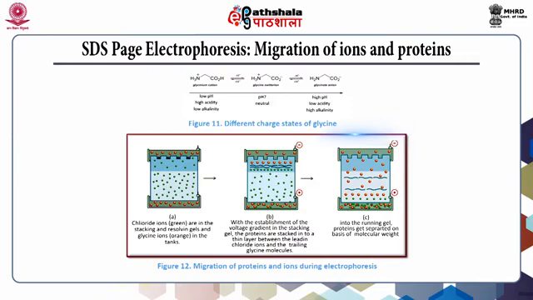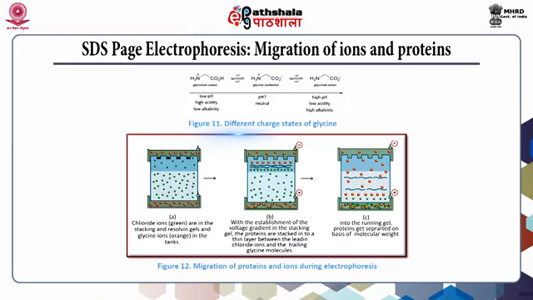In this environment of pH 6.8, the glycine molecules become zwitterionic in nature. With no net charge on them, the glycine molecules move very slowly in the electric field. On the other hand, the chloride ions from Tris-HCl move much more rapidly in the electric field, resulting in the formation of an ion front that migrates ahead of glycine.